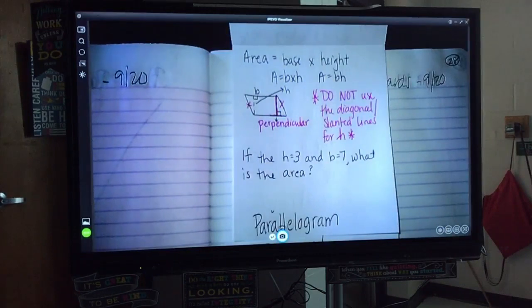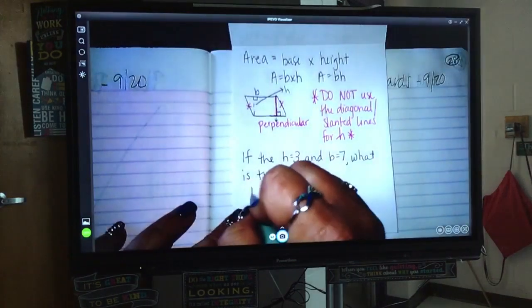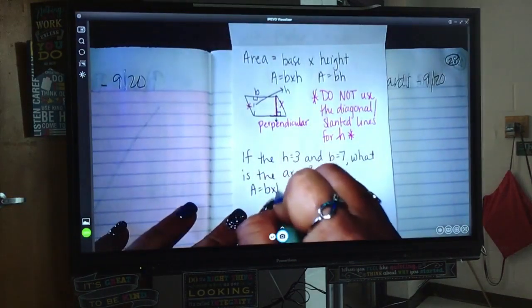Your question is, if the height equals 3 and the base equals 7, what is the area? This is for a parallelogram. What's the formula that we're going to use? Mason? A equals base times height.